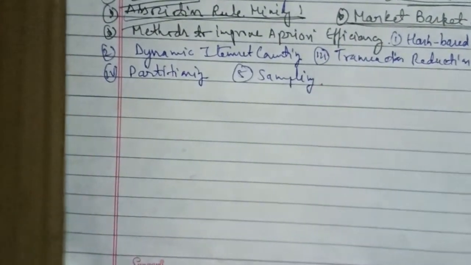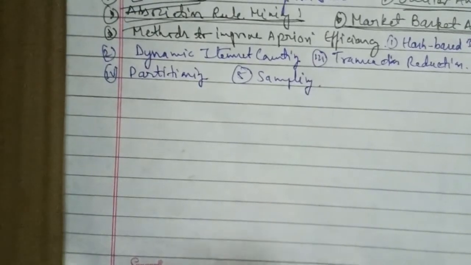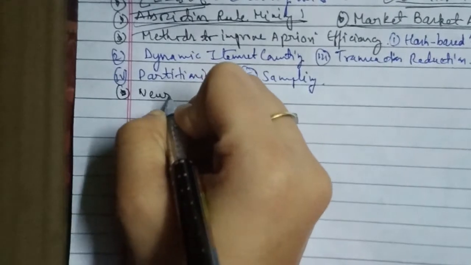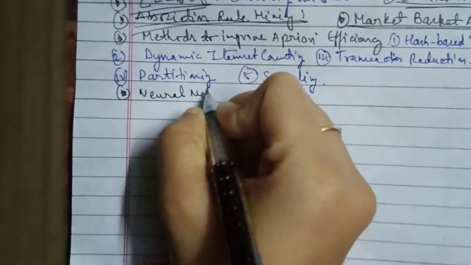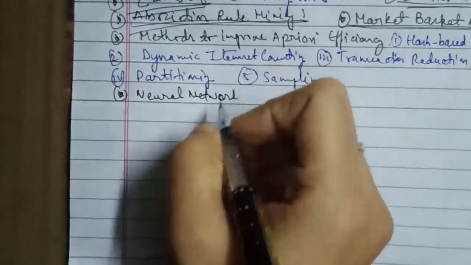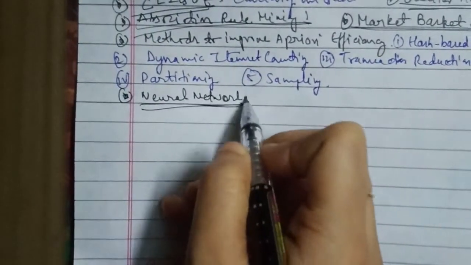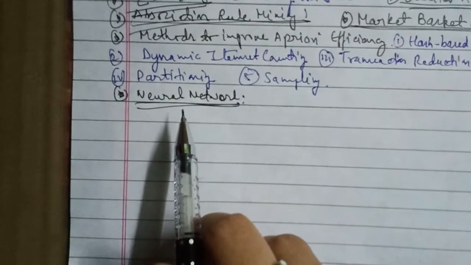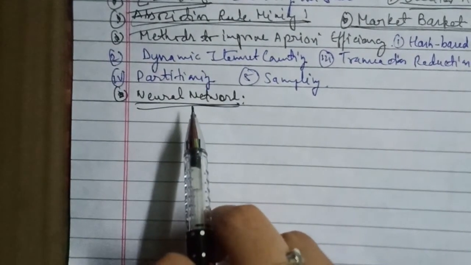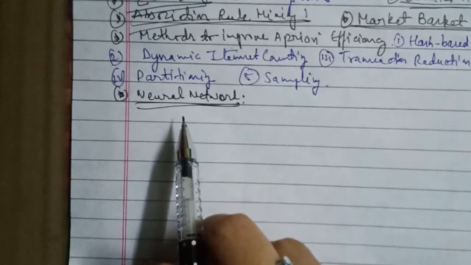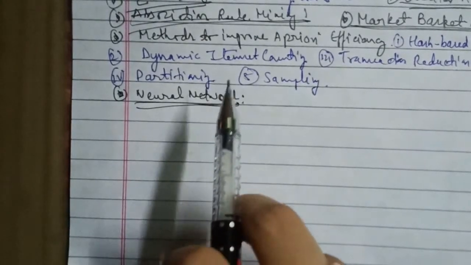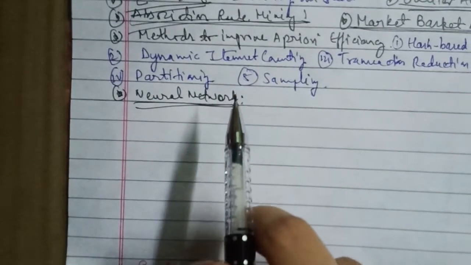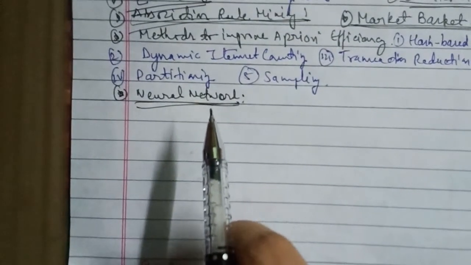Now we'll go ahead with the discussion about how to define a neural network. A neural network is a network of simulated neurons that can be used to recognize instances of patterns, and a neural network learns by searching through a space of network weights.